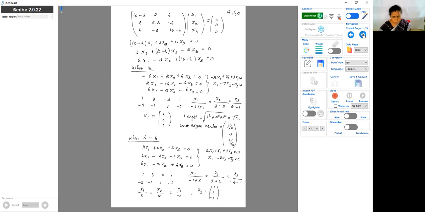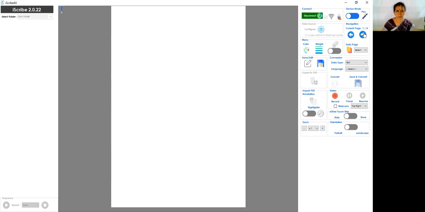Okay. So now I am finding the unit eigenvector. For that we need the length. So the length is the square of each value: 1 squared plus 1 squared plus 1 squared, and then take the root.